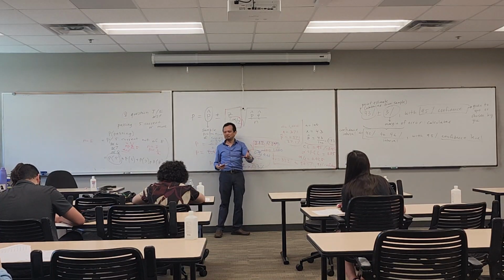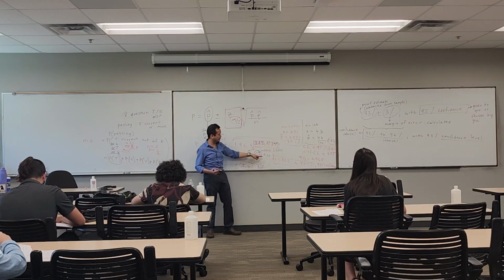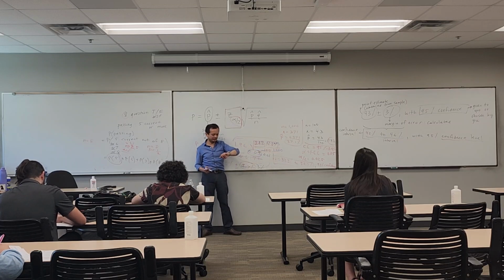And we know that we can do better than that by setting this whole expression to the margin of error that we want, which is 0.01, and then solving for the sample size. So let's do that together.